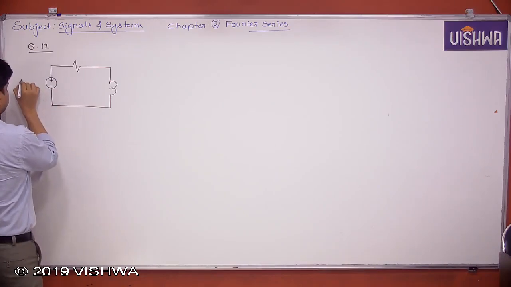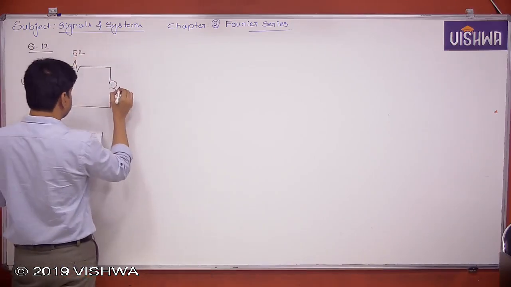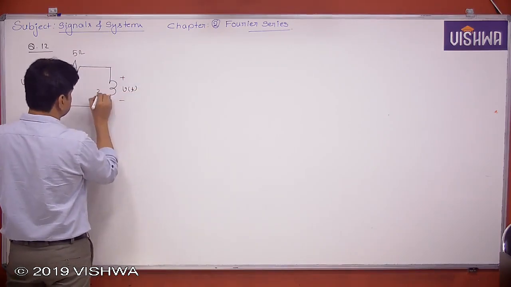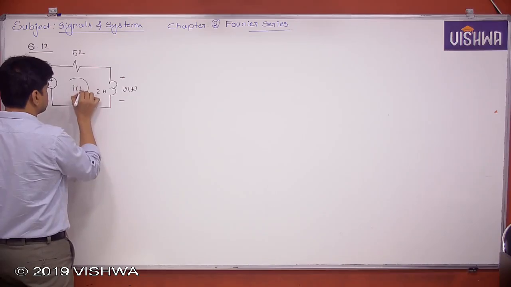This is Vi of t, 5 ohm, V of t, 2 Henry, I of t.